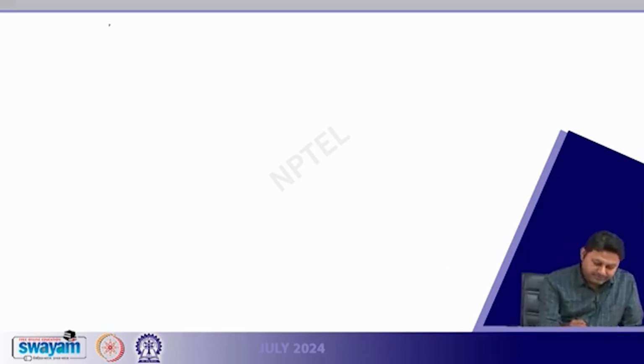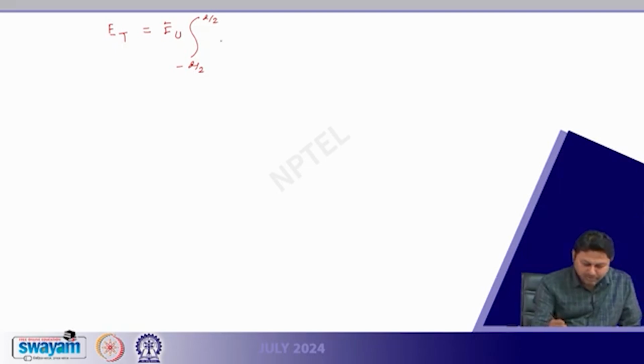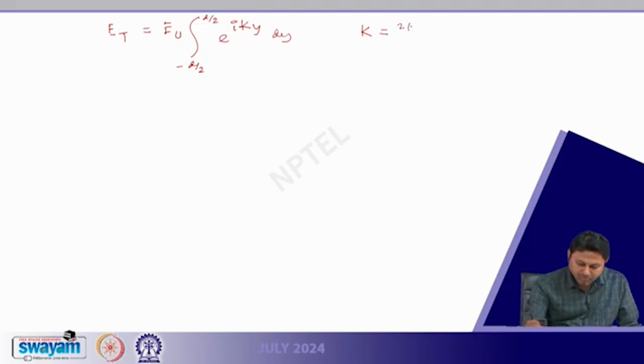So, Et, the total field at some point P, is E naught integration from minus d by 2 to d by 2 of e to the power of i K y dy, where K is 2 pi by lambda into sin theta, and that is constant here.